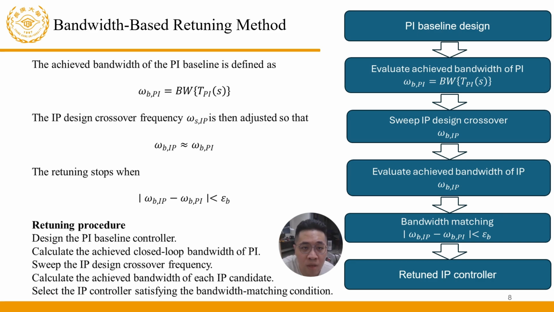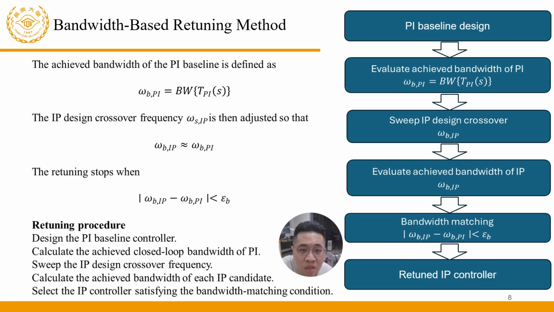To solve the slow response problem of IP1, we use a bandwidth-based tuning method. First, we design the PI controller and measure its actual bandwidth. Then we adjust the IP controller. The goal is to make its bandwidth close to the PI case.